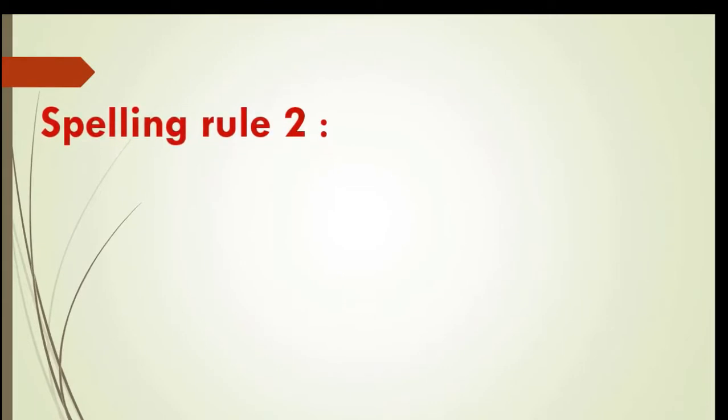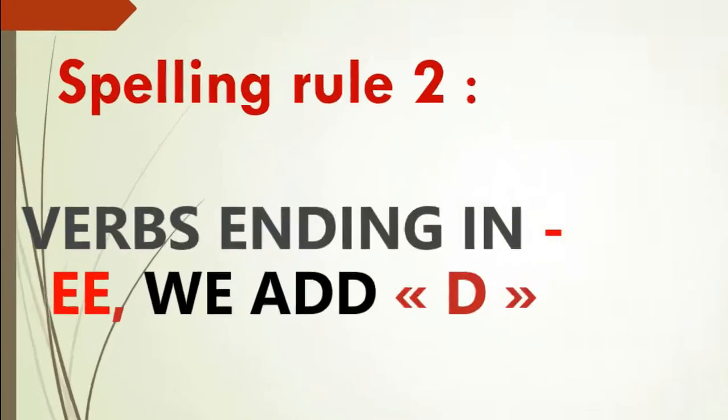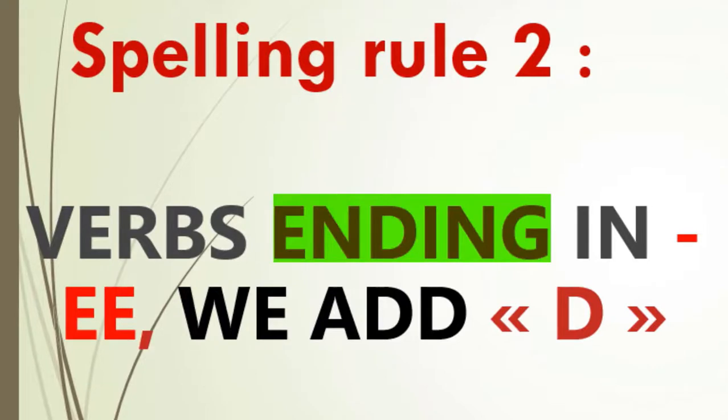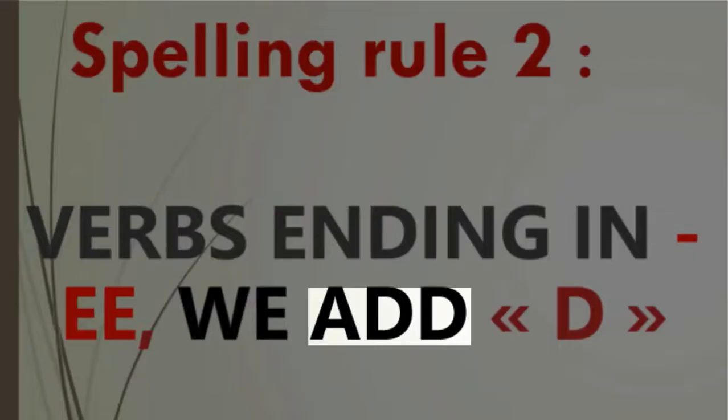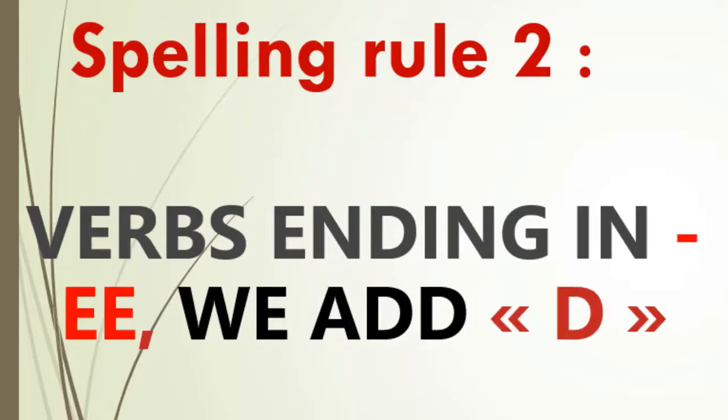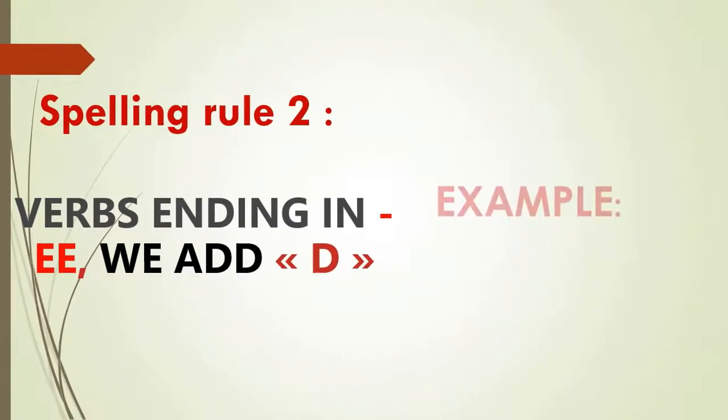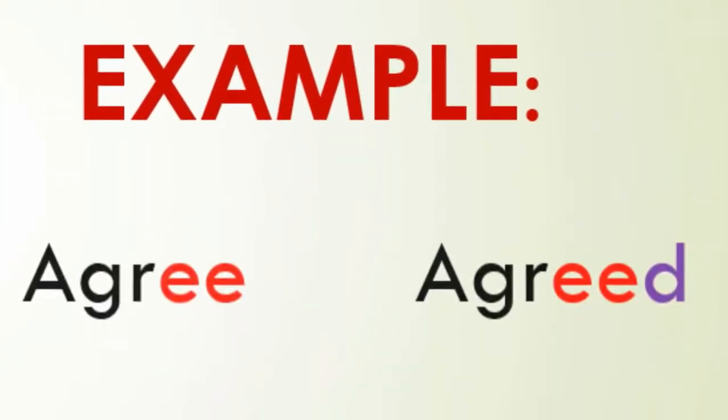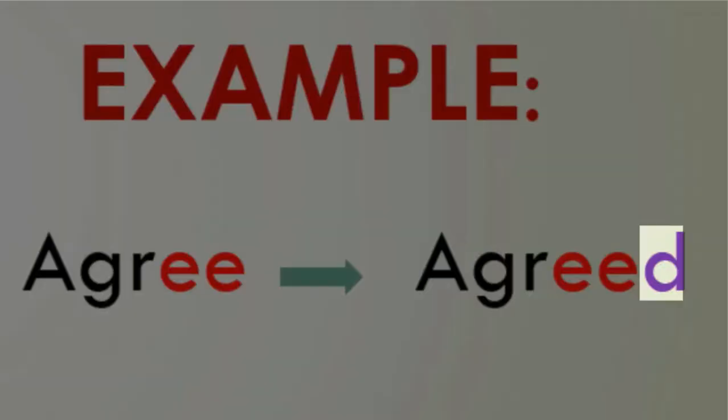Spelling rule number 2. Verbs ending with double E, we add D. For example, agree, agreed.